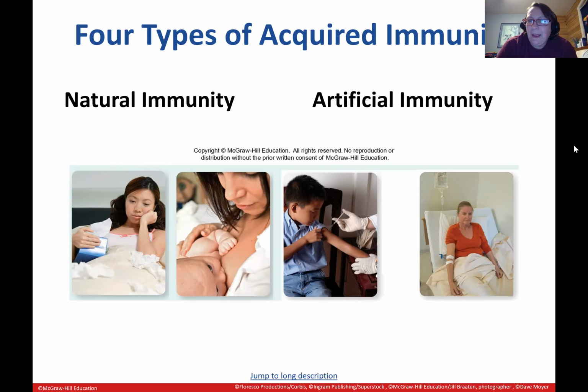Artificial immunity is either a vaccination, okay, so that's going to cause your own body to respond and create memory cells, or that toxoid that we were just talking about, where you're receiving antibodies from another source. And it gives you temporary immunity, but you're not ever developing those memory cells. So you are not immune at this point.